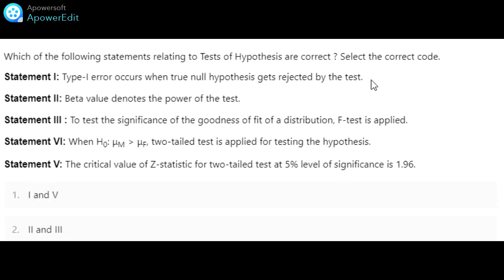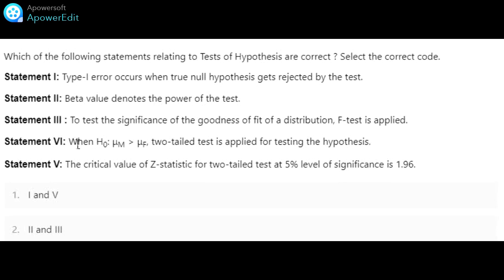Select the correct code. Statement 1 says type 1 error occurs when a true null hypothesis gets rejected by the test. Statement 2: beta value denotes the power of the test. Statement 3: to test the significance of the goodness of fit of a distribution, F test is applied.